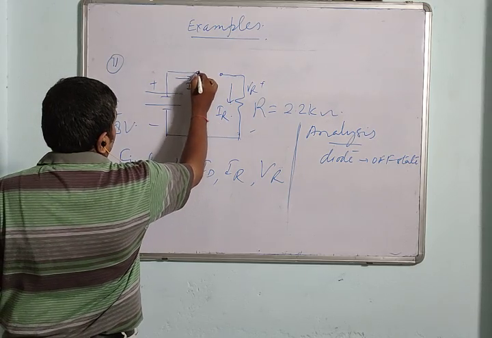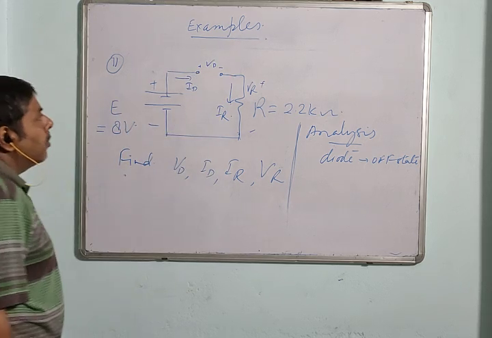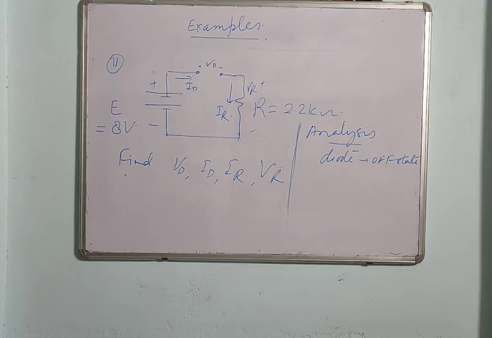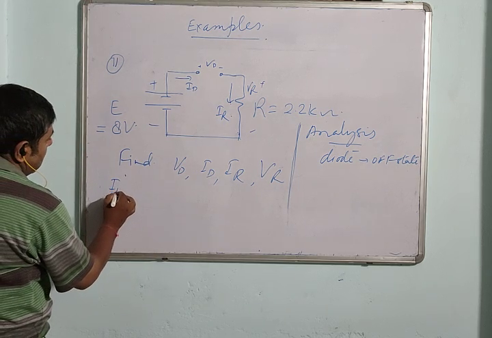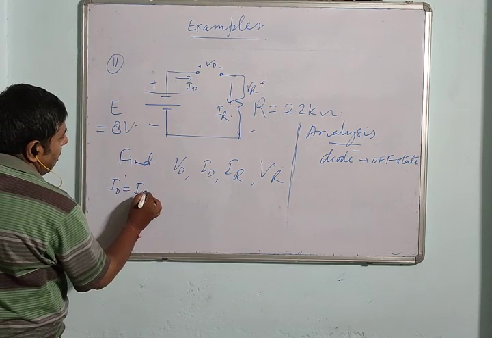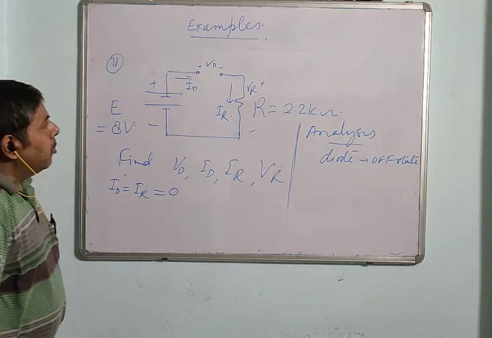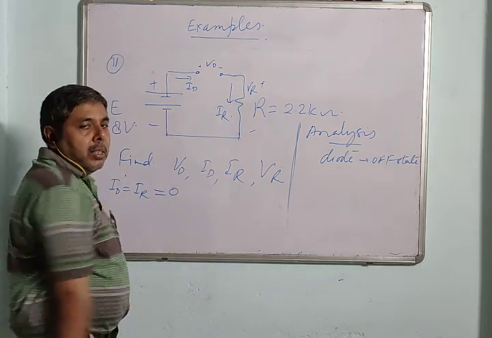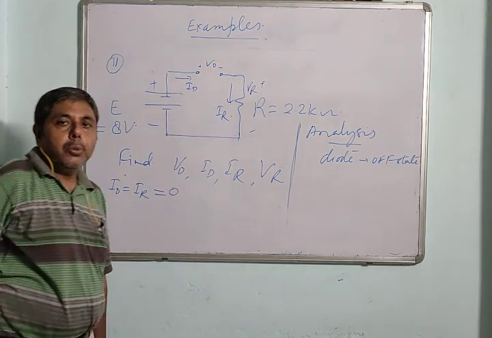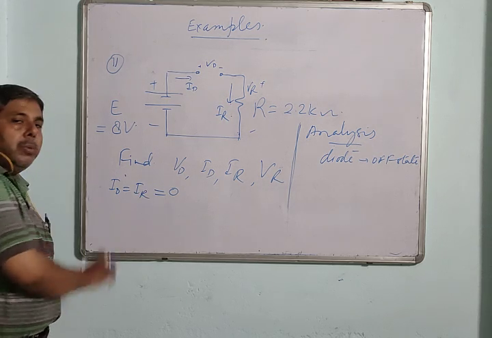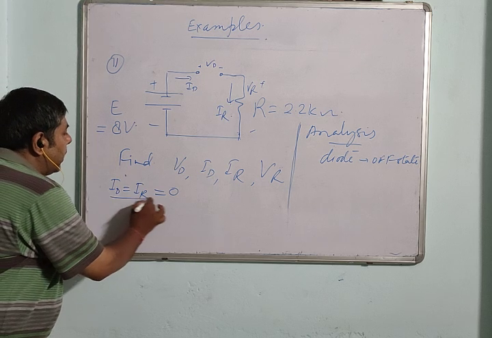So using model of, you can see here, this is the diode drop. So using this model, you can calculate first these two currents are 0. These two currents are 0. Because this is open circuit and there is no current through this diode, that's why current through this resistance is also zero, because these two components are in series. So these two currents are zero.